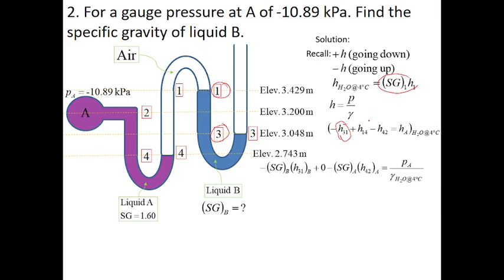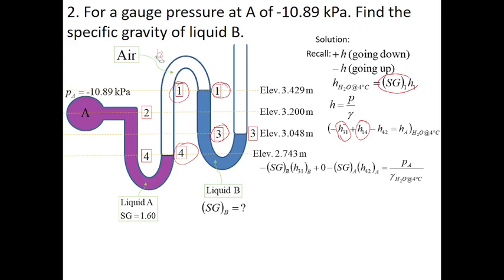Then plus H14. From 1 to 4, the substance is air. So the pressure head is 0 because air here is considered atmospheric pressure. And for atmospheric pressure, the gauge reading is 0.